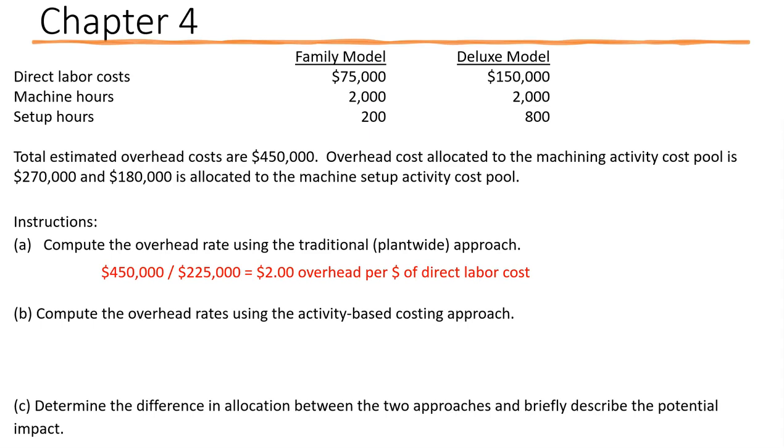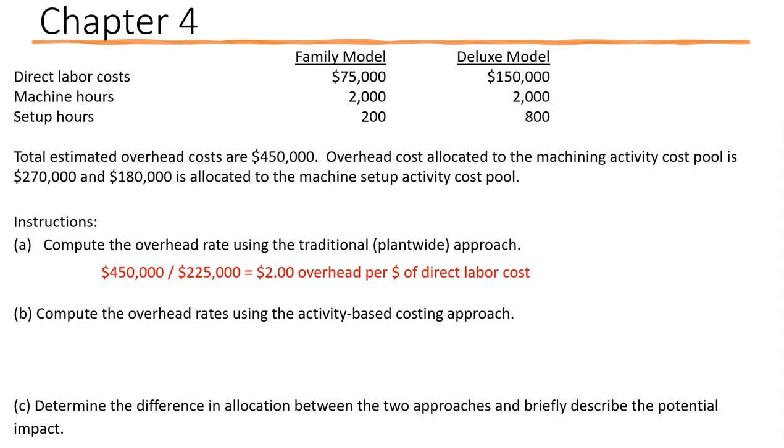Now if we use activity-based costing, it's the same concept, dividing overhead costs by a driver, but hopefully we're getting more finite with our data and choosing a driver that more correlates with what is driving the costs. So the two cost pools that we have, machining and setup. For machining, it's $270,000.